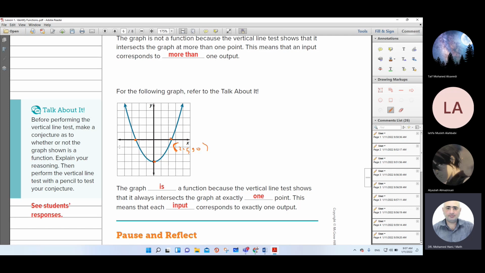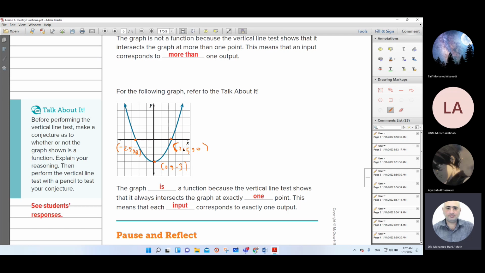And here we have -2.5 in x and 0 in y. And here we have 0 in x and -3 in y.